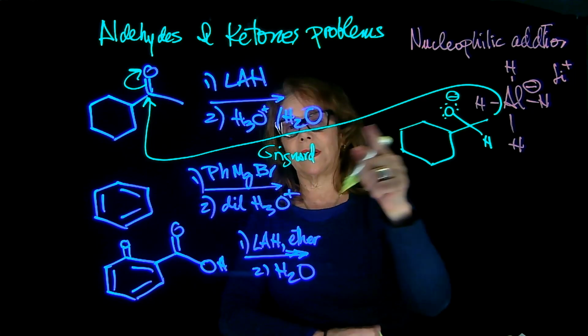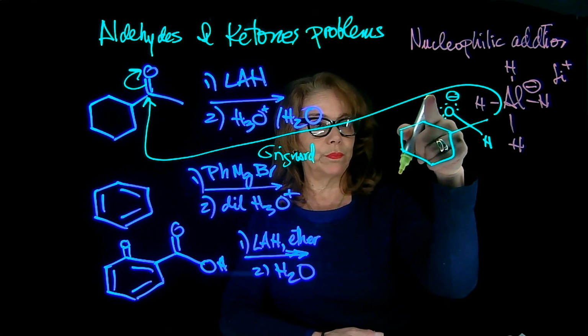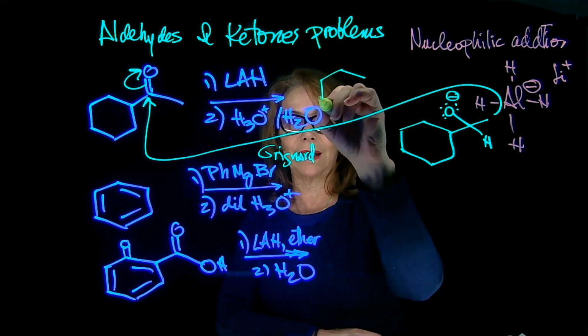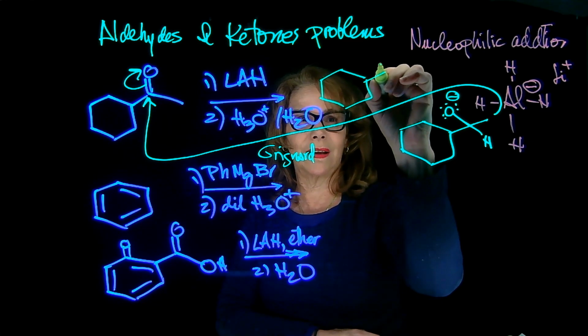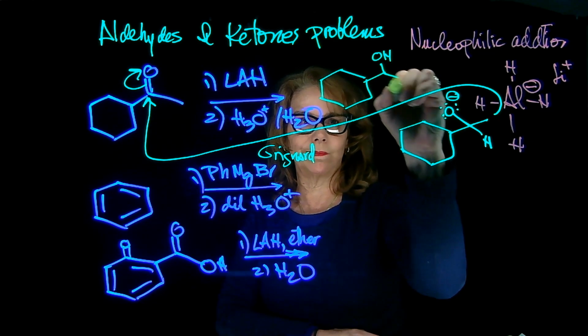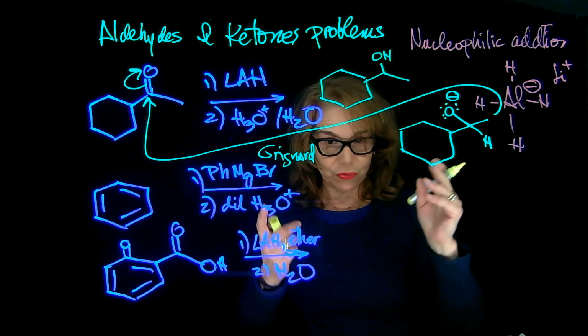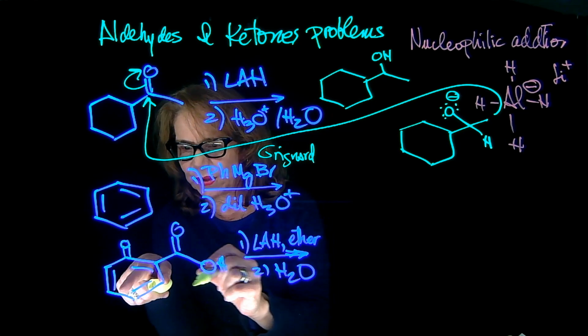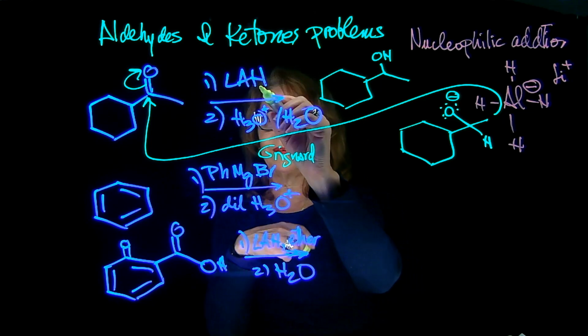The second step is just to do a proton transfer and protonate this. So your final answer is this alcohol. Notice you transfer one hydride. That's your nucleophile. Let me do the bottom one because it's the same reagent.